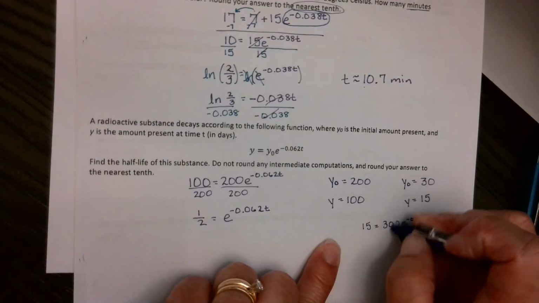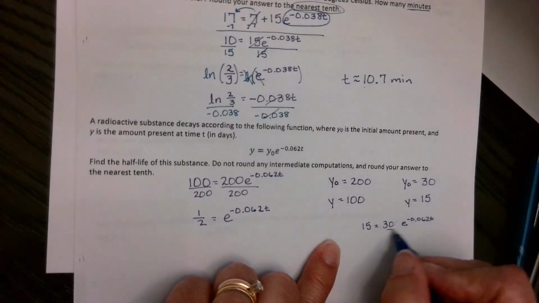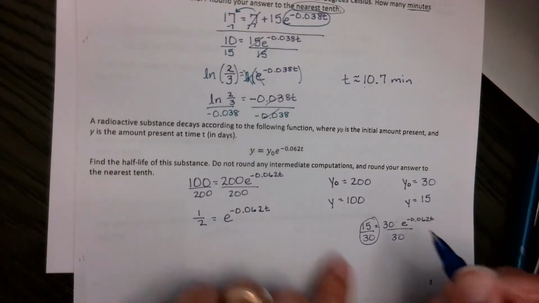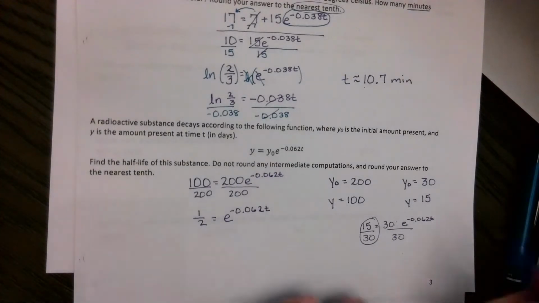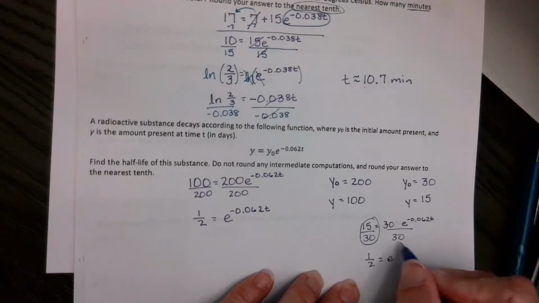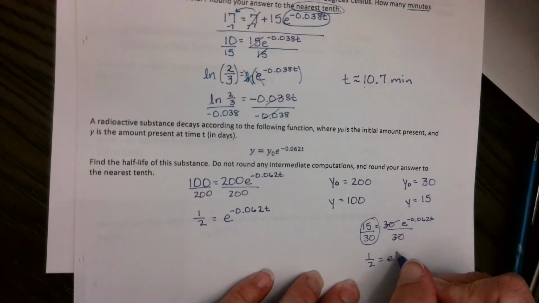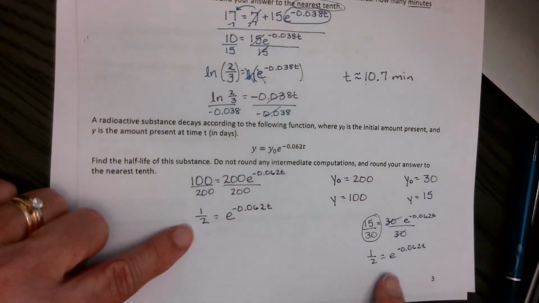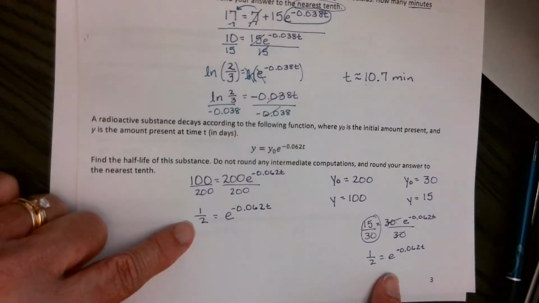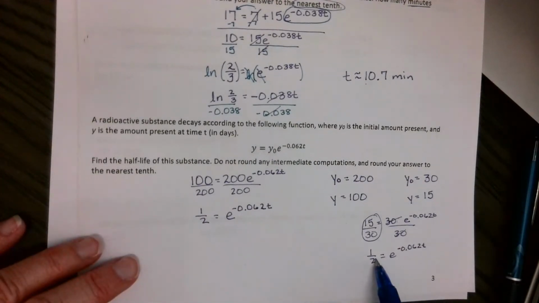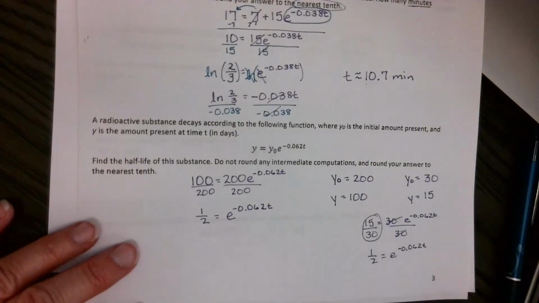Oops, not 300, 30. And you would divide both sides by 30. And notice this is still going to give you that half. This gives us 1/2 equals e to the negative 0.062t. See how they end up to be the same thing? Same thing if you used 40 and 20. This always reduces to 1/2 on that right side.